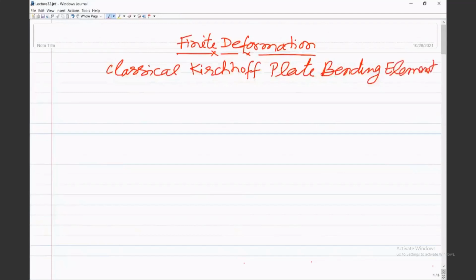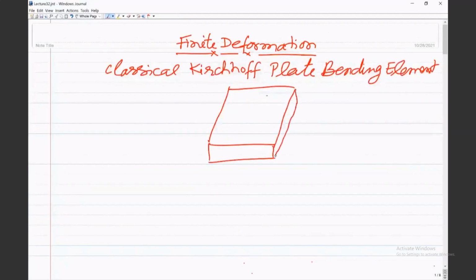I'm just sketching the schematic of one element. So this is the x-axis.